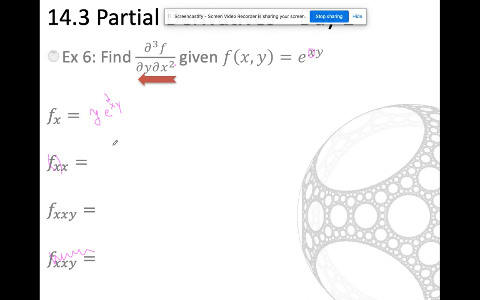I got to bring the y down. Right now, what if you had thought, oh my gosh, I got to use the product rule?